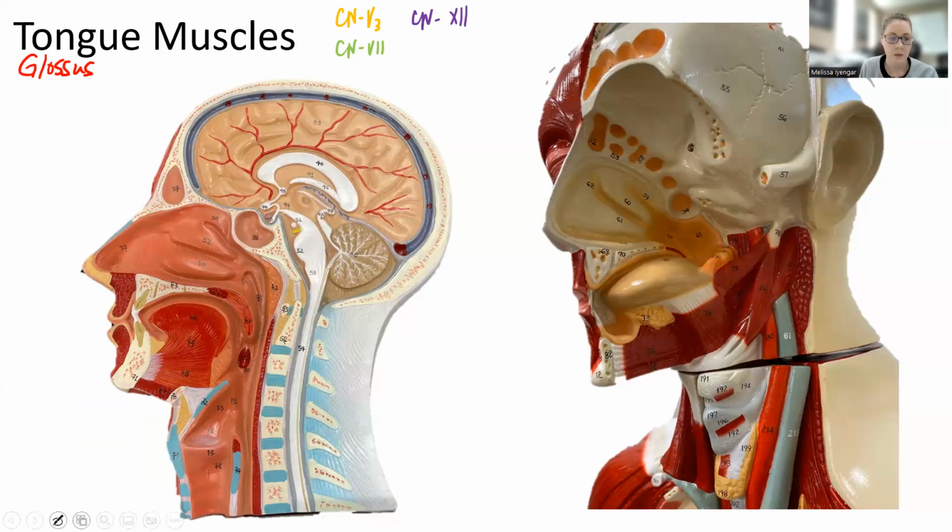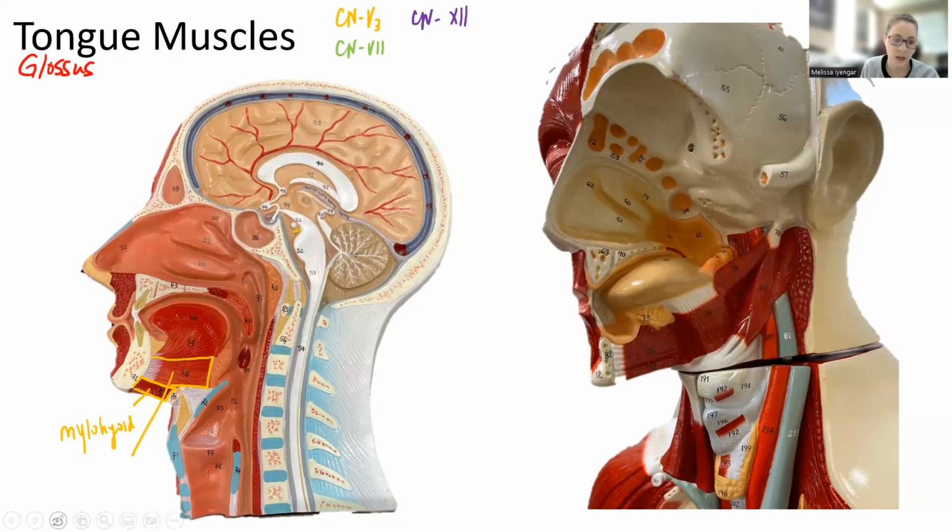Okay. So first off, on our sagittally sectioned model, we're going to see that muscle there is mylohyoid. And then we are going to see another section of muscle that goes basically from the mandible over to the tongue. This is our geniohyoid muscle.